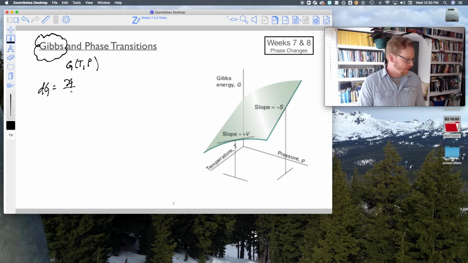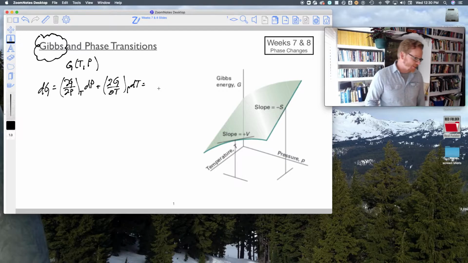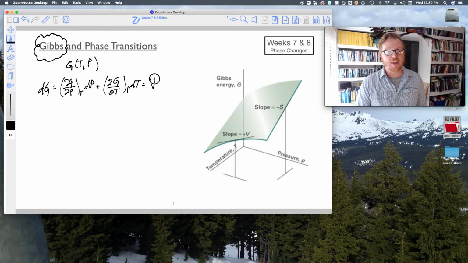So we know that dG is the partial of G with respect to P at constant T times dP plus the partial of G with respect to T at constant P dT. And we derived last time the fundamental equation of chemical thermodynamics.